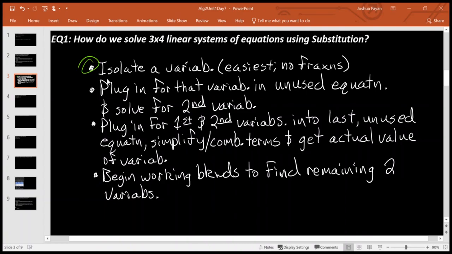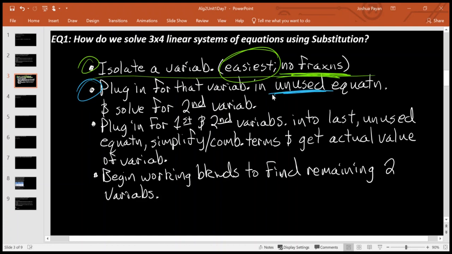So first thing you're going to want to do is isolate a variable, always the easiest one to isolate, and no fractions ever. The next thing is to plug in for that variable that you just found into an unused equation. It's got to be an equation that you haven't used just yet, and solve for a second variable.